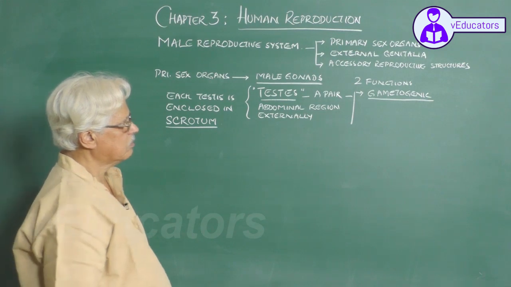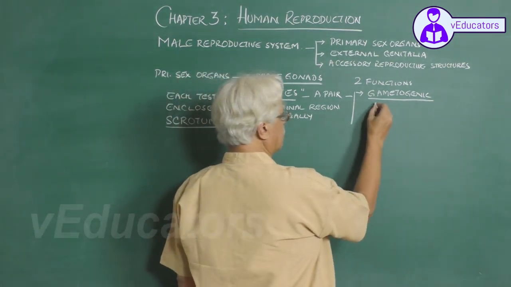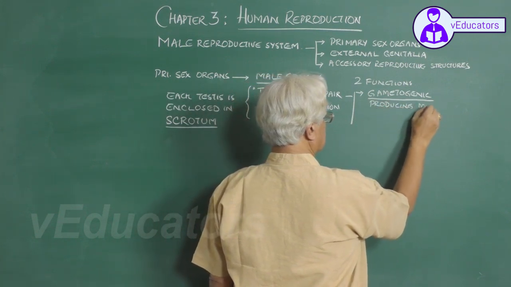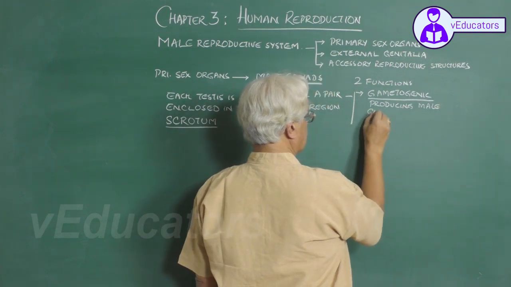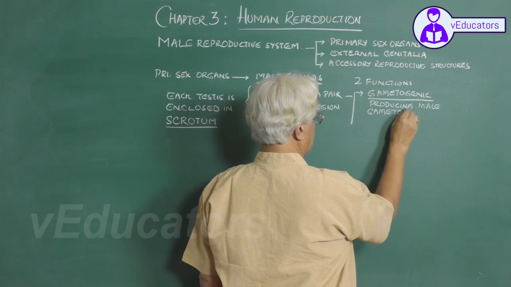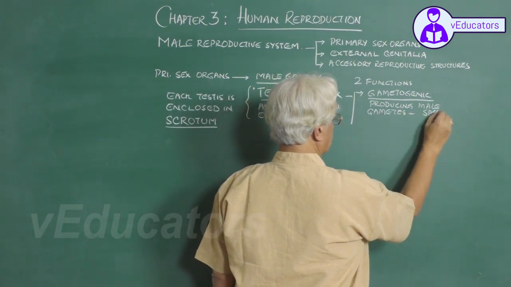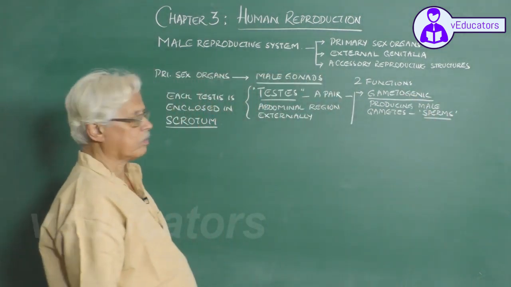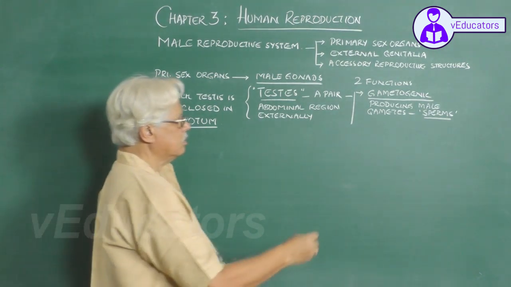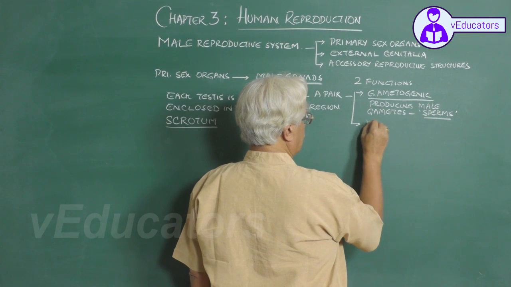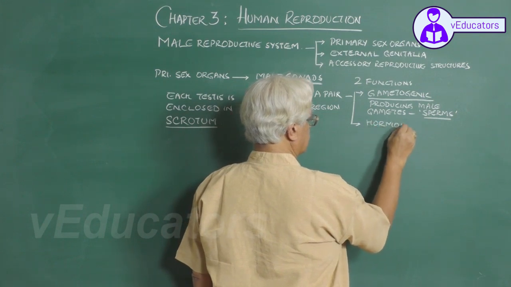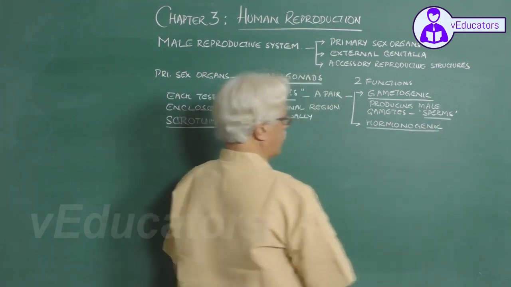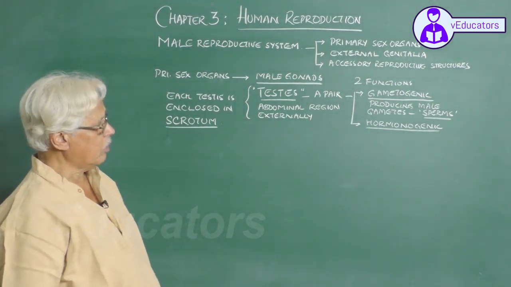Gametogenic function is the function of producing male gametes called sperms, and the other important function of testis is hormonogenic.